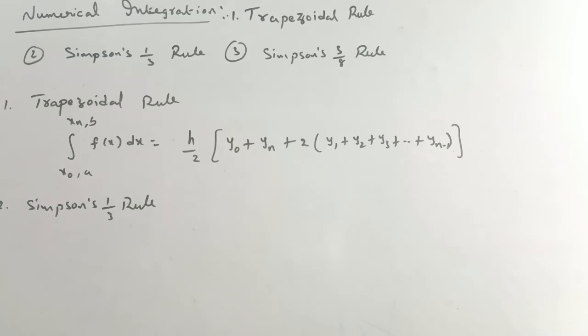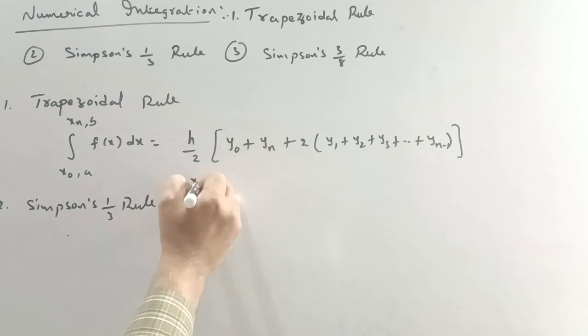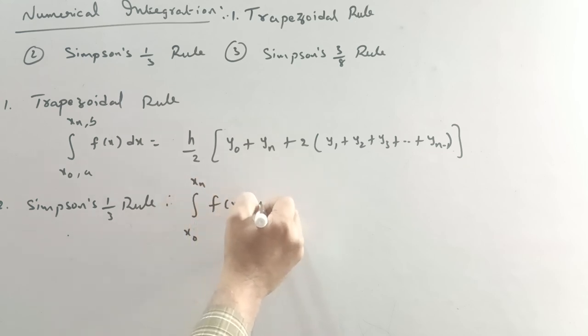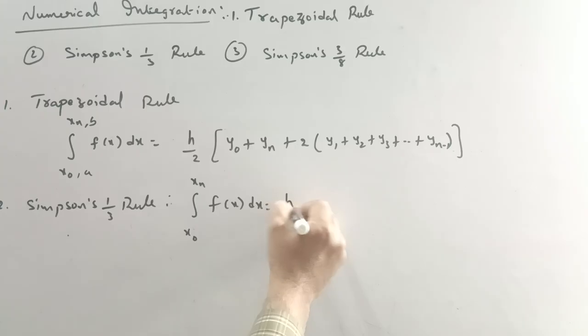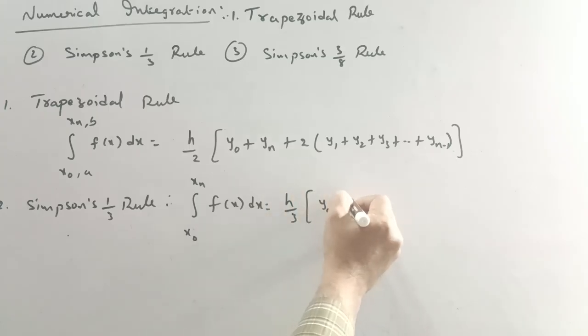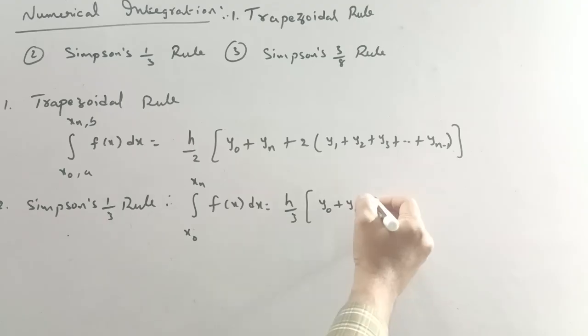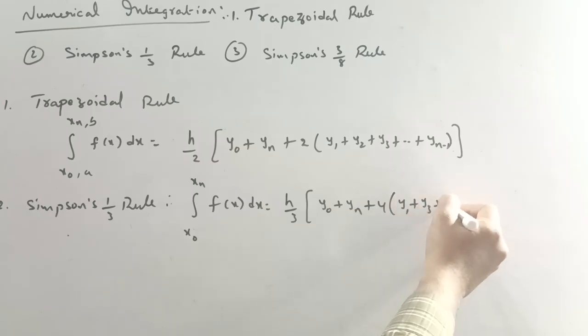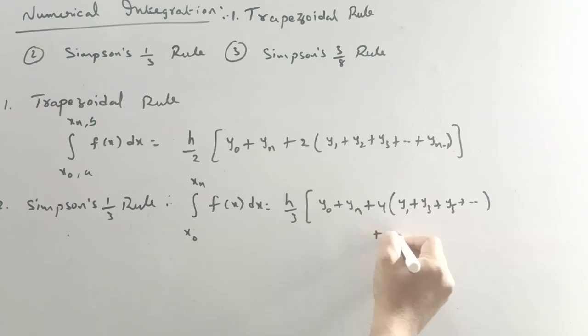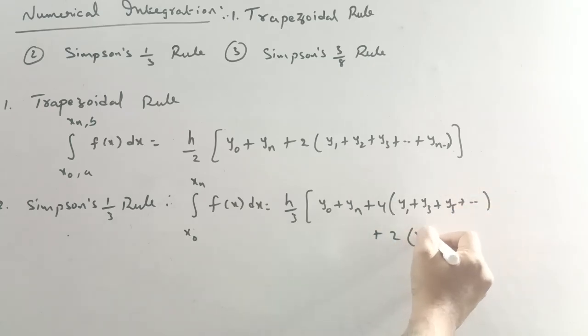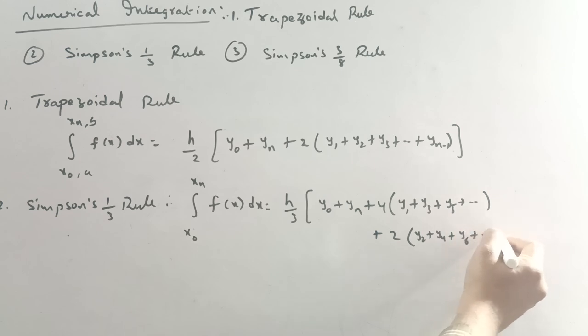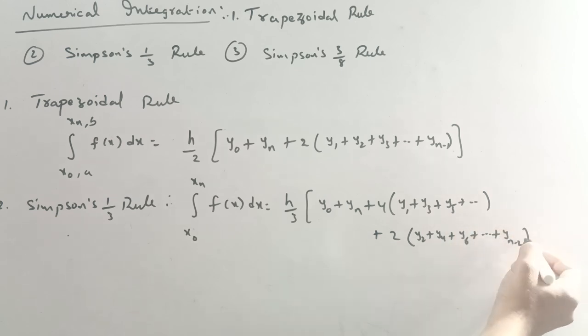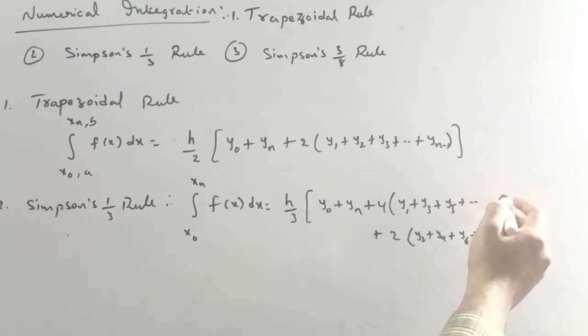What is the Simpson's 1/3 rule formula? The integral from x0 to xn of f of x dx is equal to h by 3 into y0 plus yn plus 4 into the odd ordinates y1, y3, y5 and so on, plus 2 into the even ordinates y2, y4, y6 and so on, up to yn minus 2, with the odd ones going up to yn minus 1.